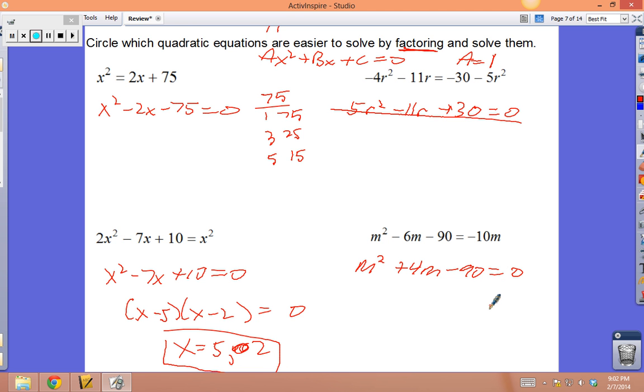Okay, this one. Can you find two integers that multiply and give you 90, add and give you 4?